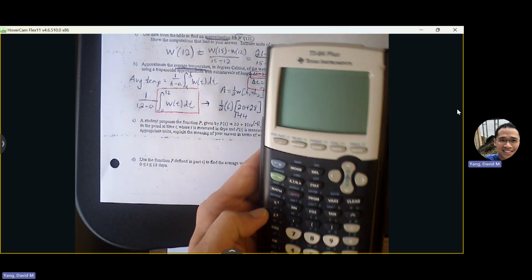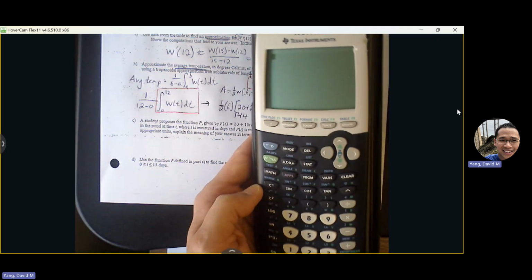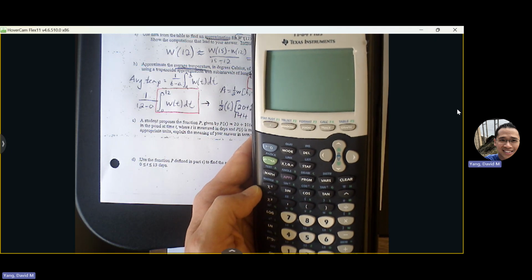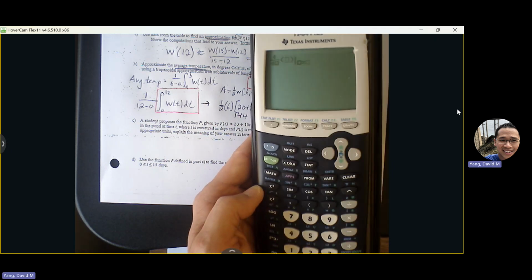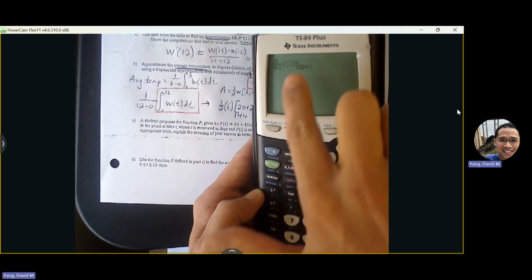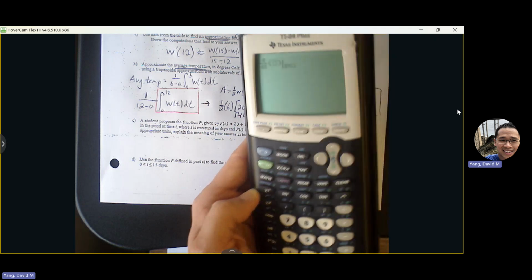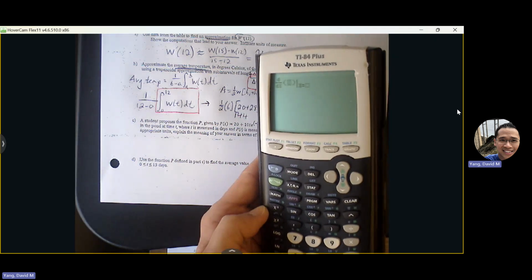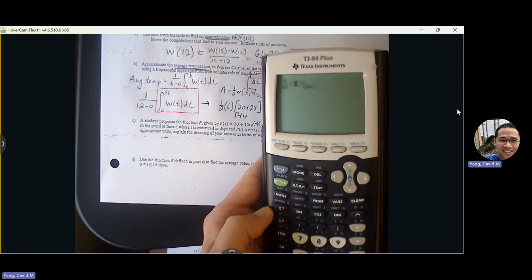We're going to be asking for the derivative of this function on the 12th day, the rate of change of temperature on the 12th day. So do Math 8. Now you'll see d over dx. I don't want to type the function in here. I mean, you could, but we already have it stored under y1.